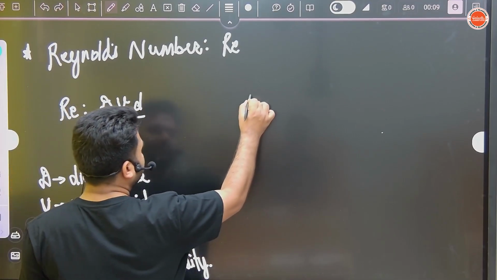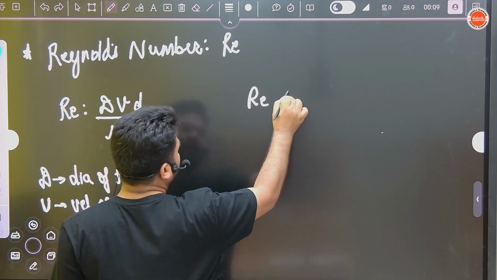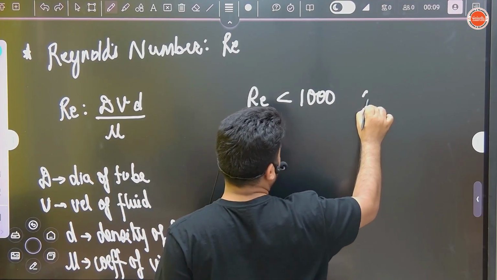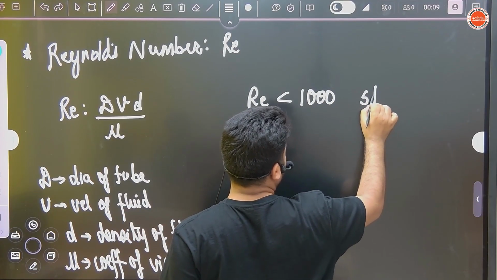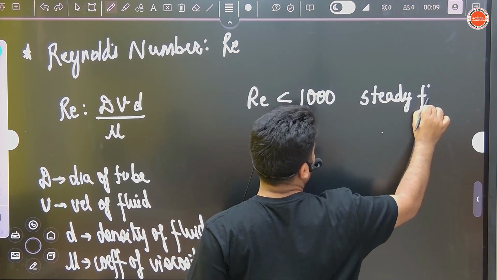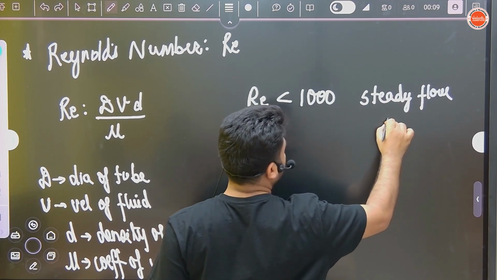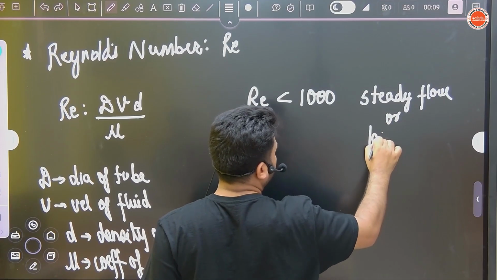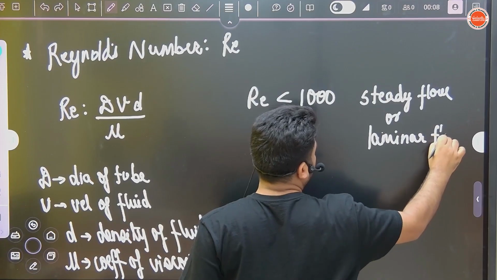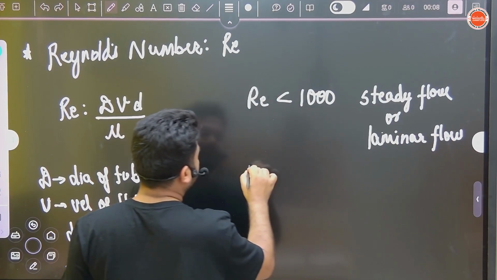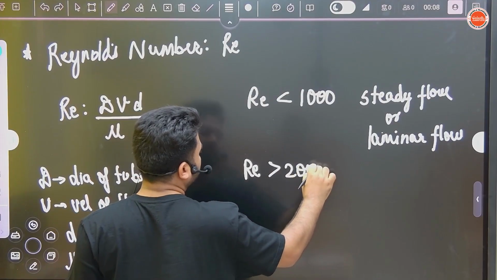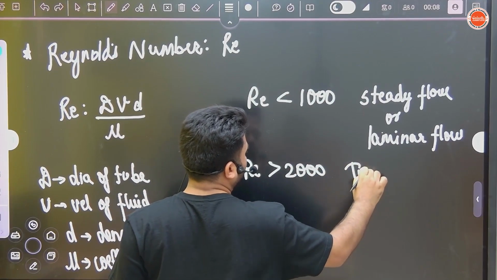Now if you calculate this Reynolds number and it comes less than 1000, then that is a steady flow or streamline flow or laminar flow. But if the Reynolds number is more than 2000, then it will be a turbulent flow.